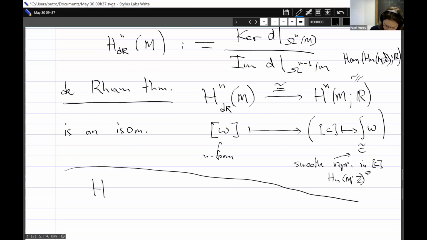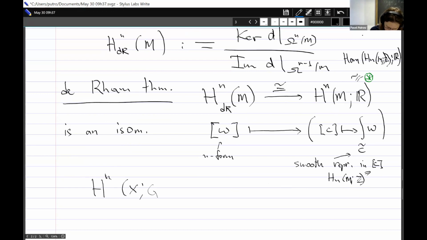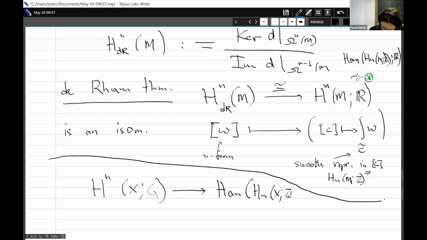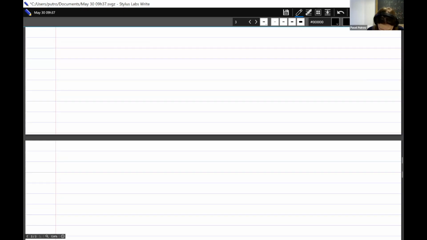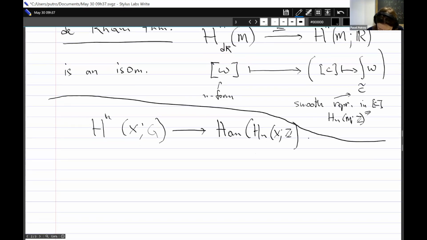So in general, let me elaborate a little bit on this isomorphism. We can consider, if you have a cohomology with coefficients in G, we can always define a map from this cohomology to Hom of H_n(X, Z) with coefficients in G, and this is defined as follows.